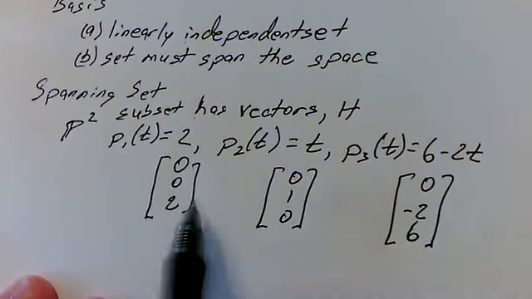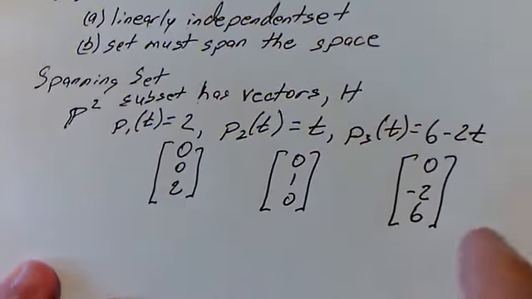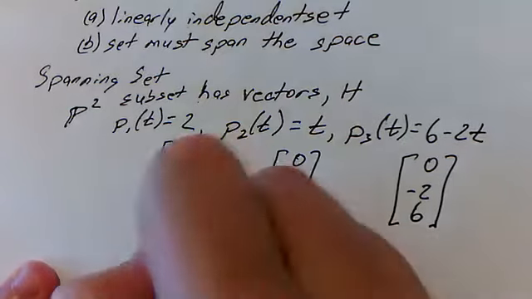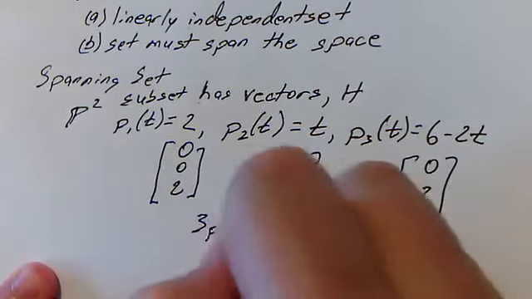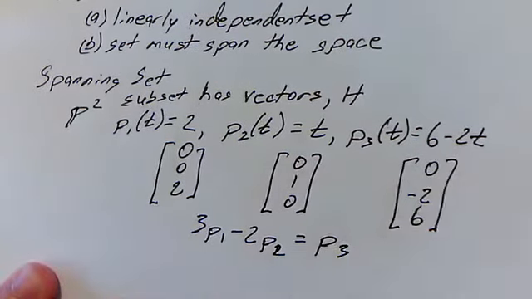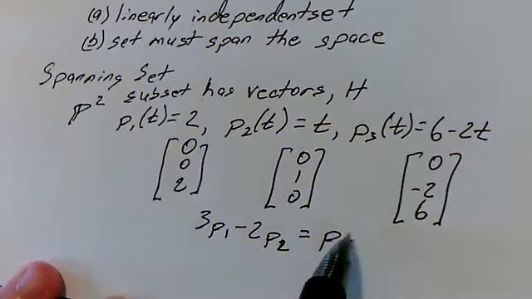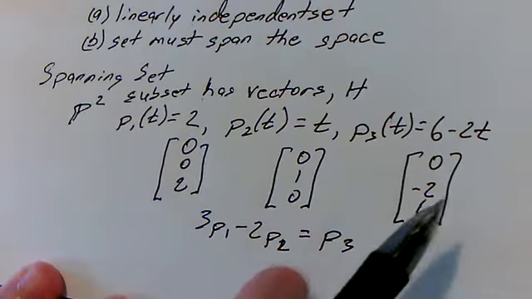So as I'm looking here, I can make this third vector a linear combination of the first two. To get 6, I need 3 copies of P1. To get negative 2t, I just need negative 2 copies of P2, and that's going to equal P3. So I have a dependence relationship here, and if I have a dependence relationship, I know I don't have independent vectors.